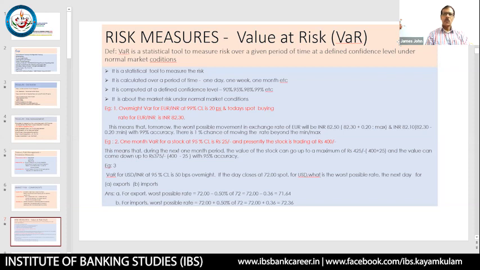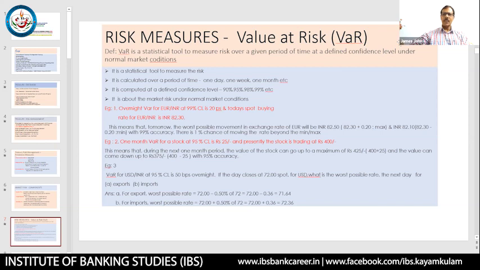That means tomorrow, what will be the buying rate of euro? The spot buying rate of euro tomorrow, as per this measure, with 99% accuracy, the VaR is 20 paise. That means today's rate of 82.30 can be at maximum 82.30 plus 20, which is 82.50, or 82.30 minus 20, which is 82.10.